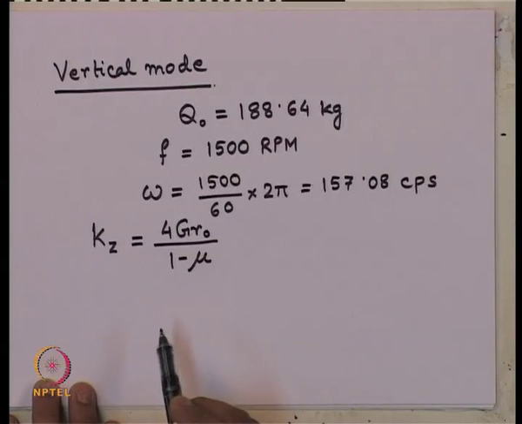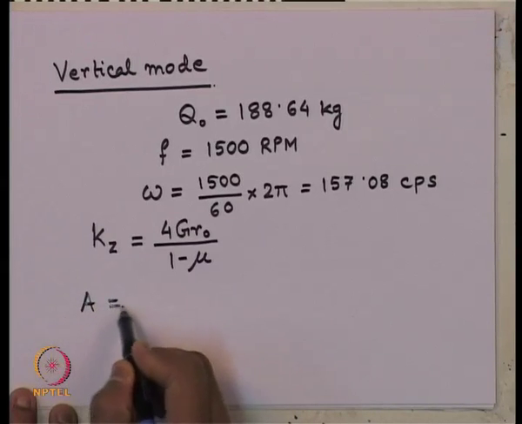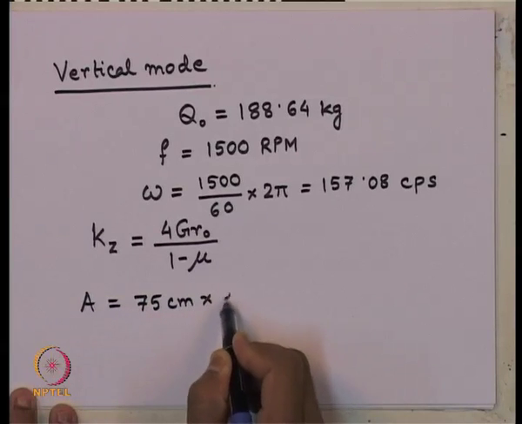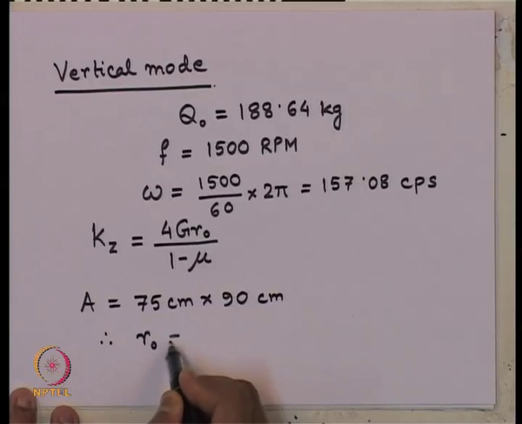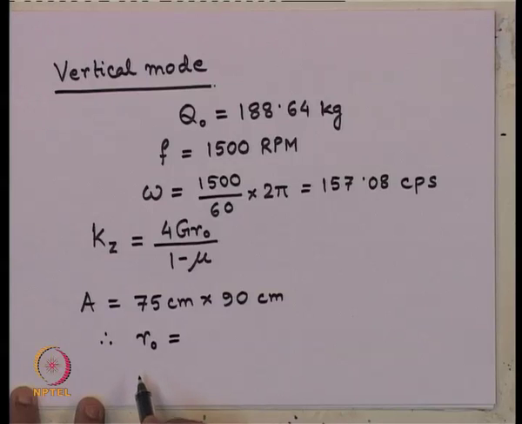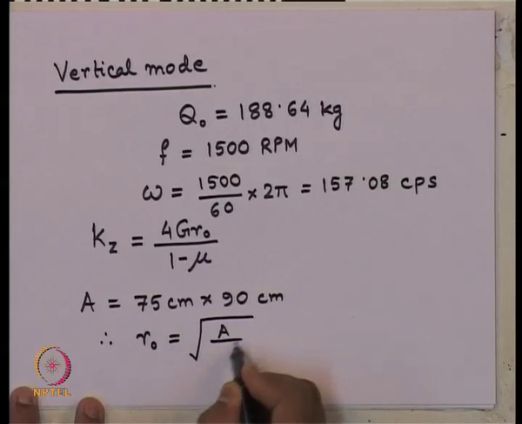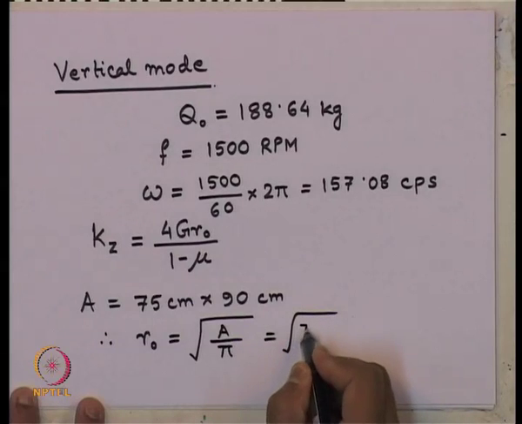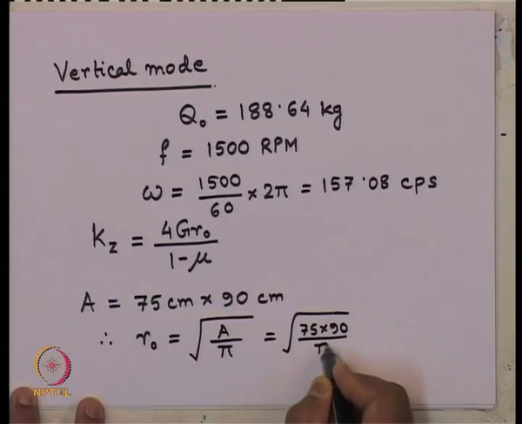In this case, the base area of the foundation is given as 75 centimeter by 90 centimeter. Therefore, r naught, the radius of the equivalent circular base, will be root over A by pi, that is 75 times 90 by pi.